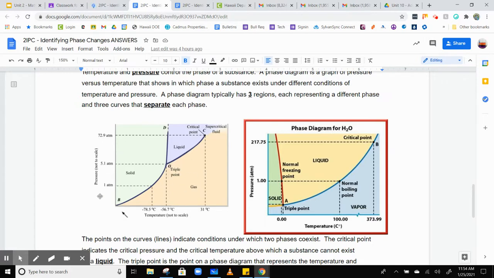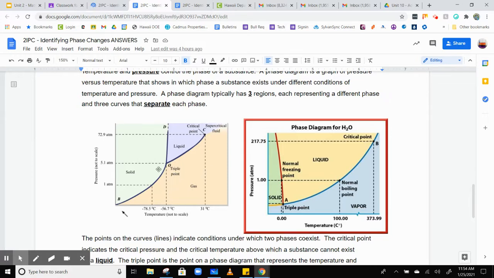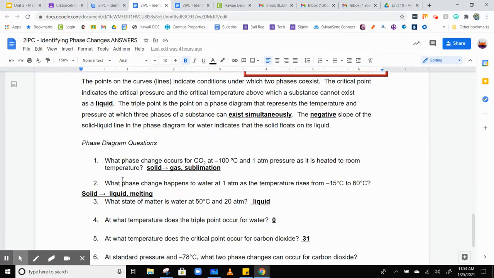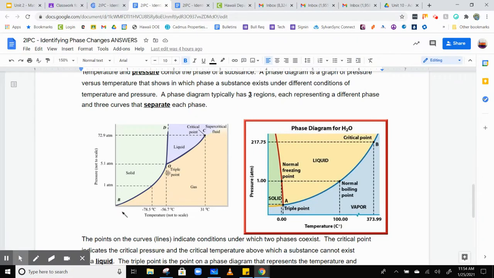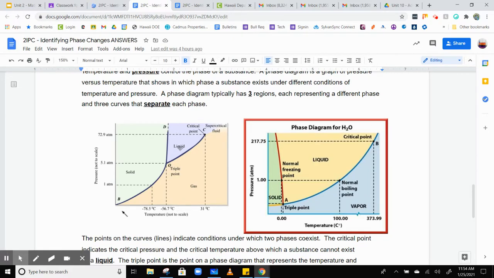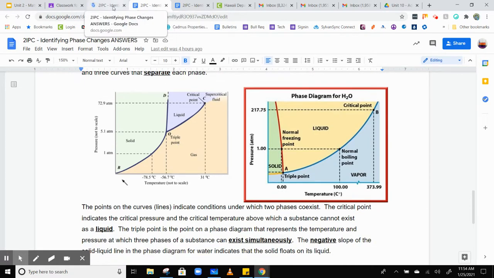I think this one's just easier to read. The numbers are a little bit more clear. So when you get down to the second part of this and you start reading these questions down here, especially 1 through 6, refer to this graph here. You could even copy and paste it into your document if you like. Okay. So just keep that in mind. And I'll try to remind you guys when I'm done lecturing here.